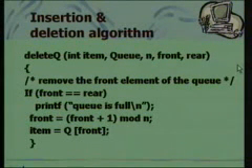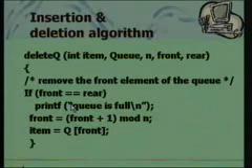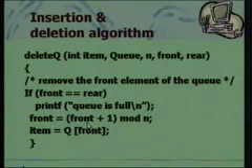In delete Q, I am removing the front element from the Q. This is the basic objective. It has the same arguments as the previous one: this is Q, this is the number of elements, this is the front, this is the rear. So the basic logic will be, if front is equal to rear, then Q is empty. Otherwise we keep on advancing and assigning the value into the item.